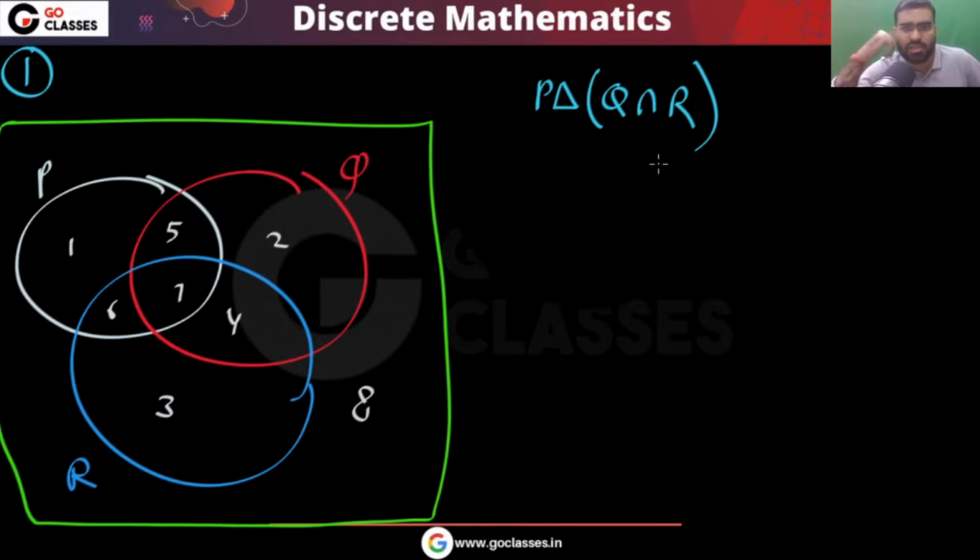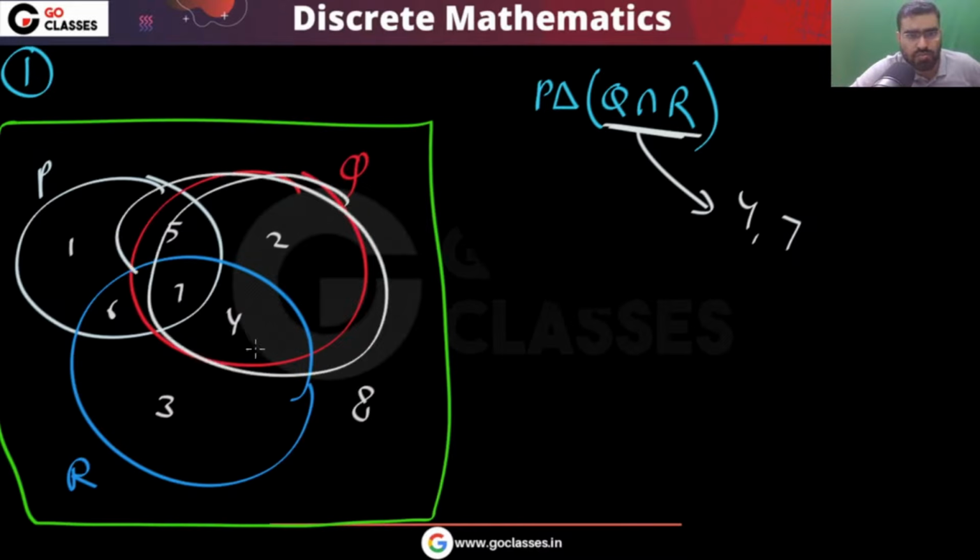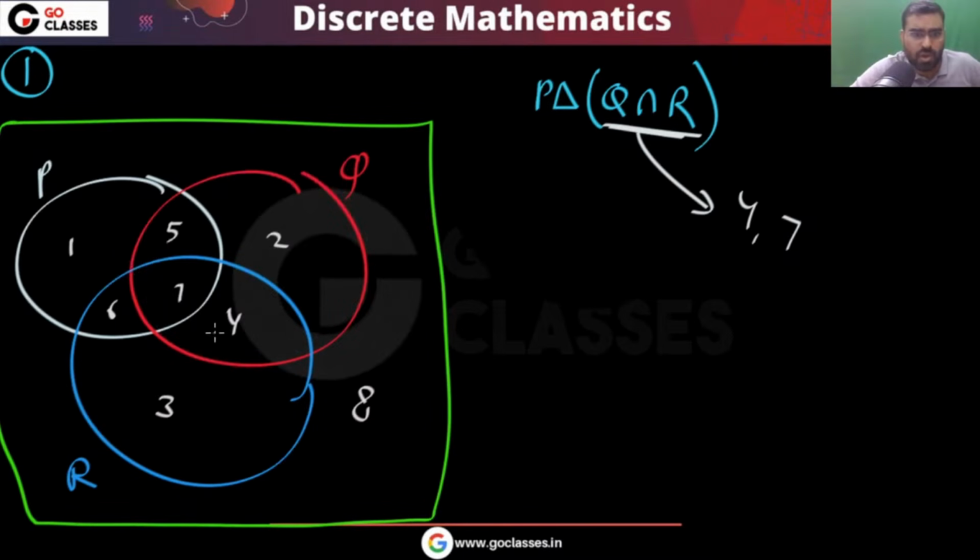First of all, Q intersection R, what area will it cover? Look only at Q and R. Q intersection R is areas 4 and 7, this area.